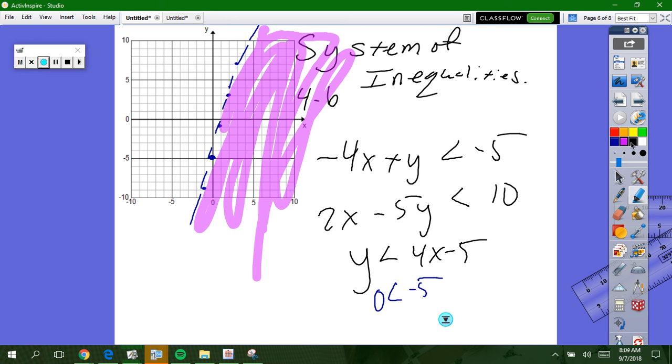But with this guy, if you'll notice, he's in standard form and it works nicely with my intercepts. Because what's my x-intercept? 2x equals 10, so x would equal 5, right? So x equals 5 is right here.